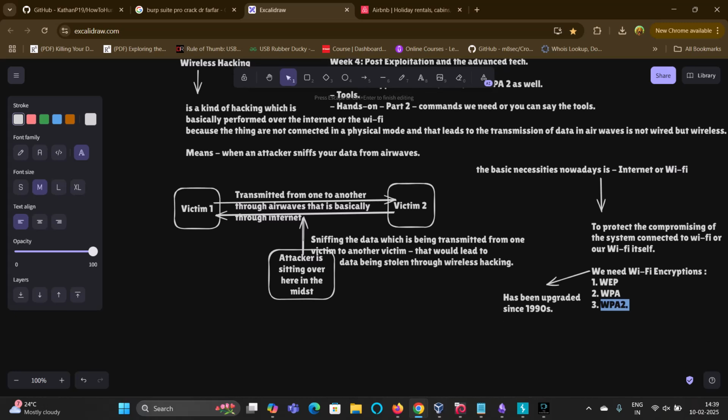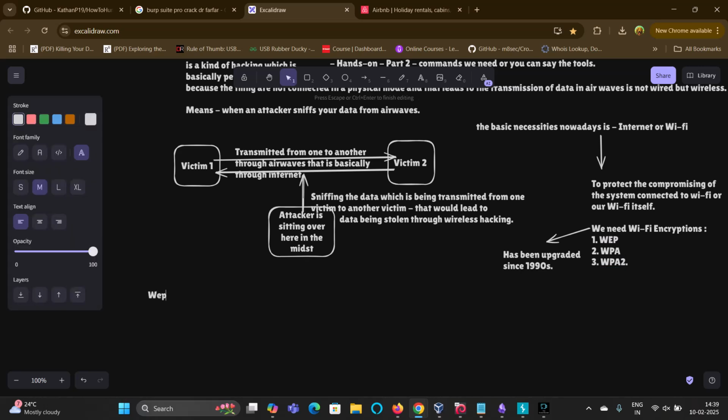So moving on further, we'll be discussing WEP first: what is the usage of WEP, what is the full form of WEP, and how it actually works. WEP stands for Wired Equivalent Privacy.